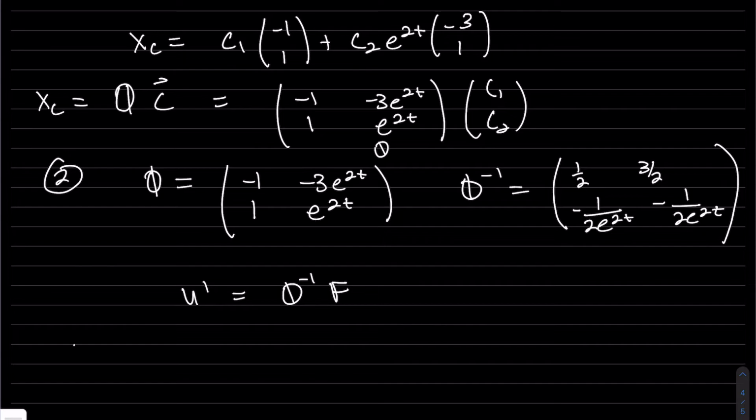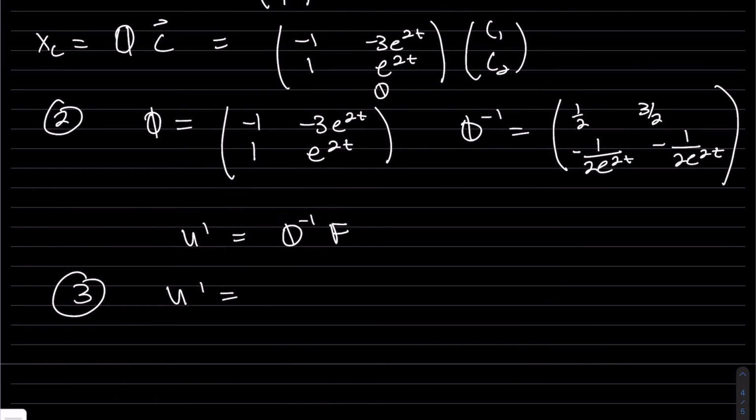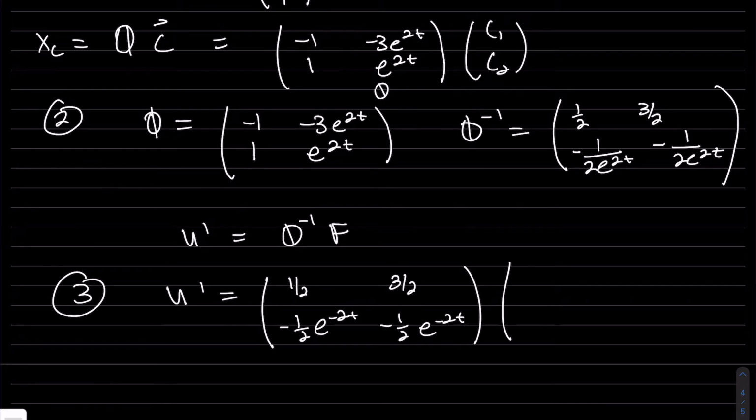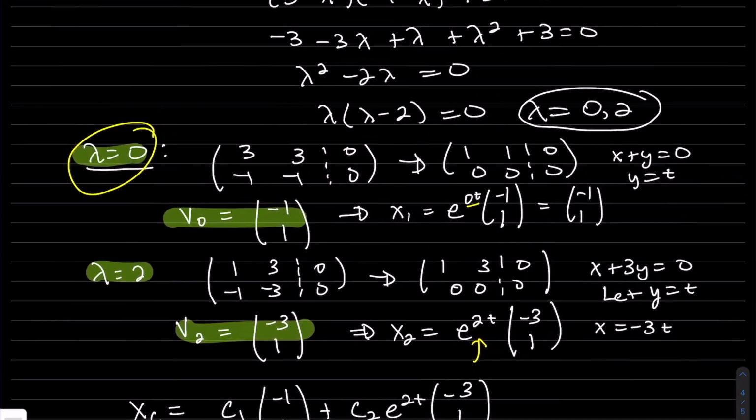So this is number 3. U prime, there's the formula, there's phi inverse. And then our F, I think it was 1. If you remember correctly.